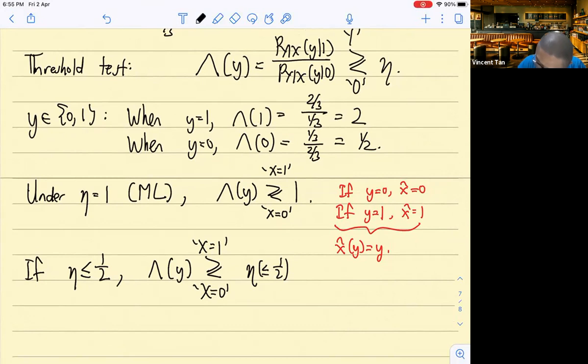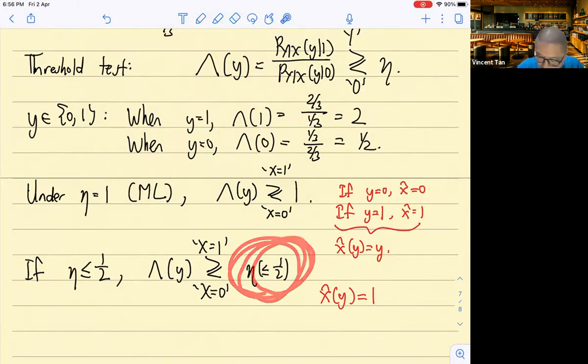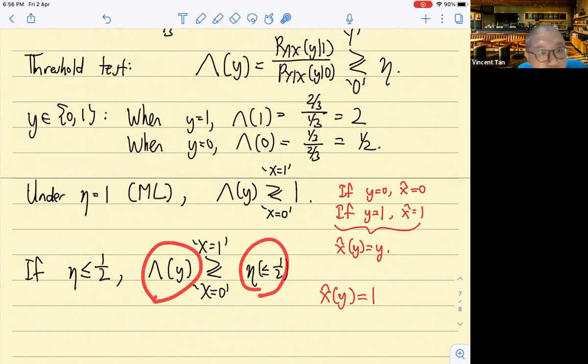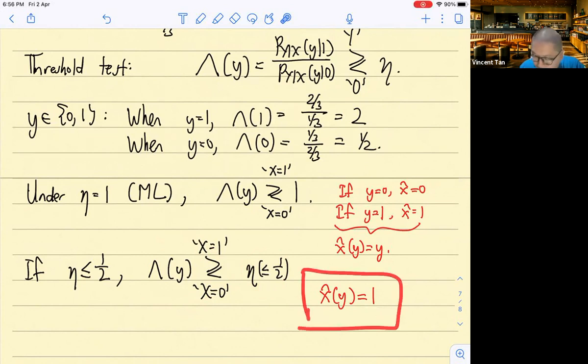It will be easy to see that under this scenario, I would always choose X hat of Y equal to 1, because this guy here is very small. Think of it as like 1/4. And this guy here can only take on two values, this and this. So this side is always satisfied. This is very small. This one is at least half. So we always have this inequality. Don't worry about what happens at the boundary of this equal here. You just need to worry about this conclusion. So this implies this.